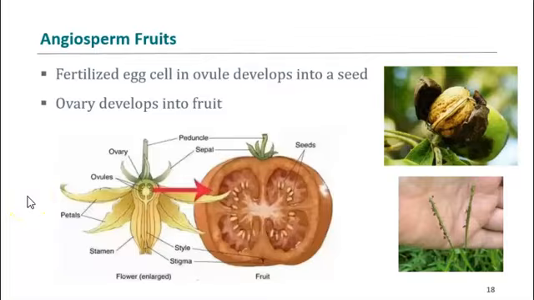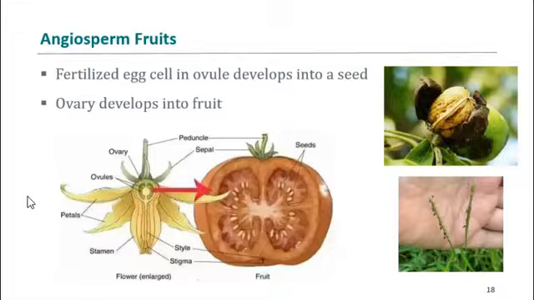Now, with angiosperms, once the egg cell is fertilized by the sperm cell, it starts to develop into an embryo, and that embryo, just like we saw in the gymnosperms, basically becomes a seed. It's packaged along with a food reserve in the form of a seed.